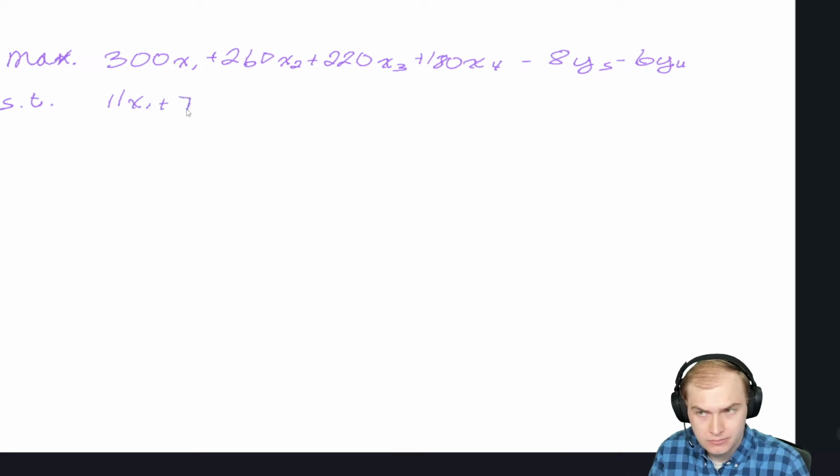11x1, 7x2, 6x3, 5x4, less than or equal to 700.